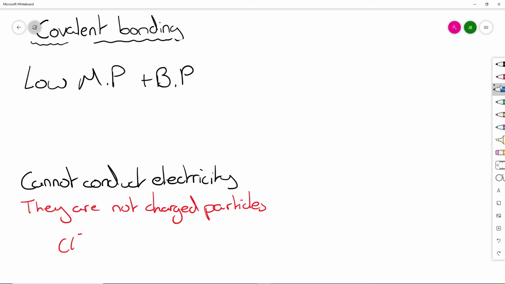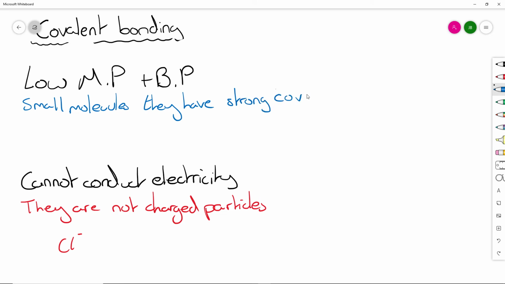Now, let's go to the low melting and boiling point. Because they are small molecules, they have strong bonds together because they are covalent, strong covalent bonds. But the covalent bonds are not to do with the melting point and boiling point. Let's go back to the NH3.